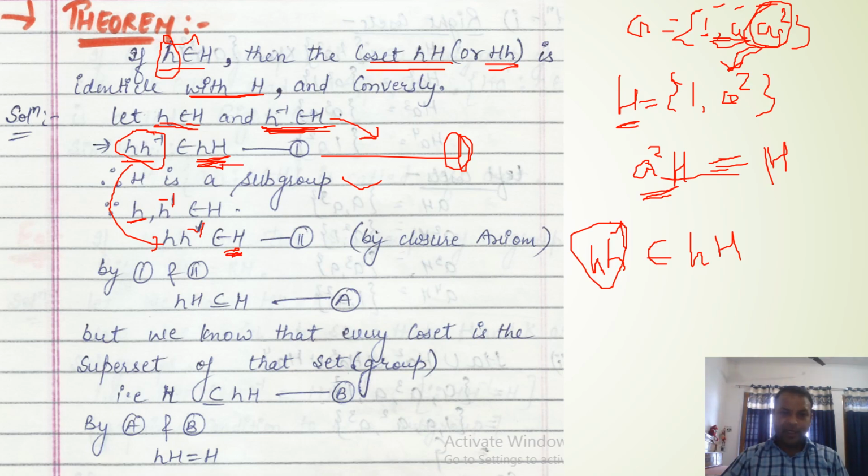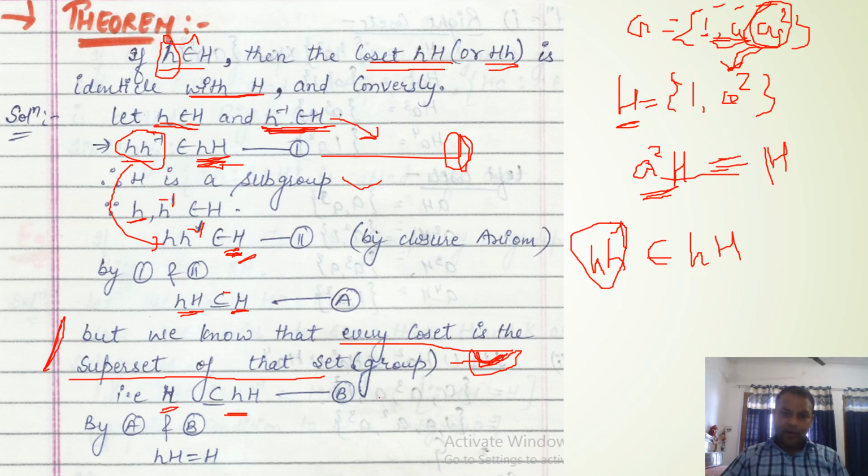It means this coset is a subset of H. So we can write here that hH is a subset of H. But there is a very popular result of cosets that every coset is a superset of the set by which it is created. It is a very important property of cosets, and in the next few lectures we will also prove this property. So by using this property, we can write here that H is a subset of hH.